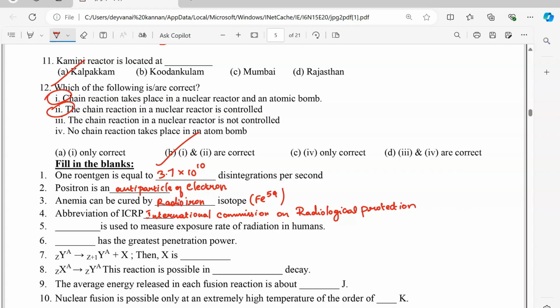Roentgen is used to measure exposure rate of radiation in humans. Gamma ray has the greater penetration power.